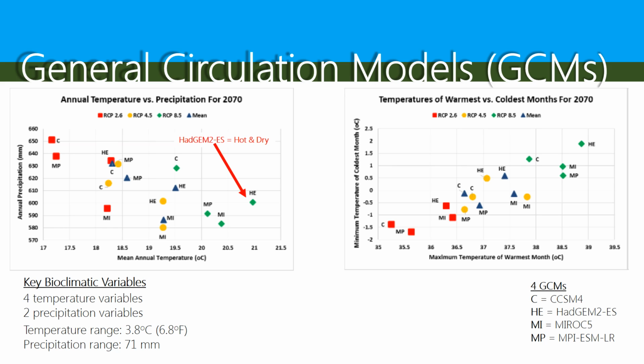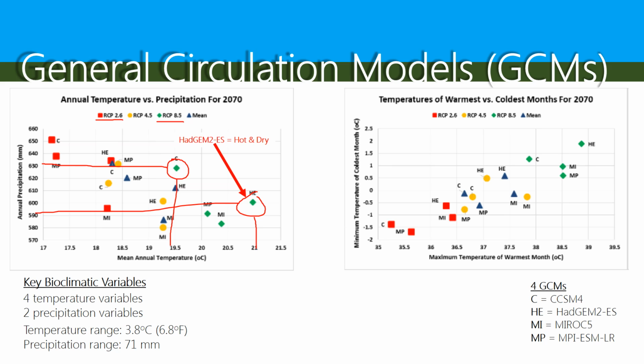For example, let me open my pen. The figure on your left shows HE projecting a much warmer climate in drier months, while C is projecting a much colder climate in wetter months under RCP 8.5.